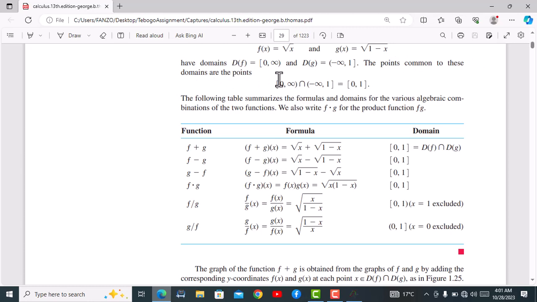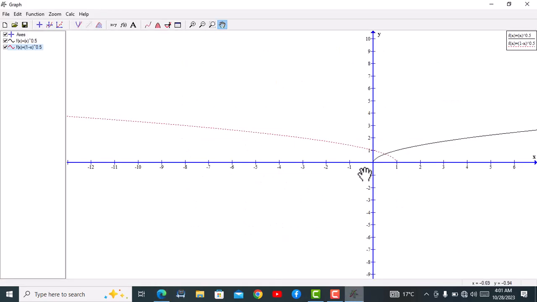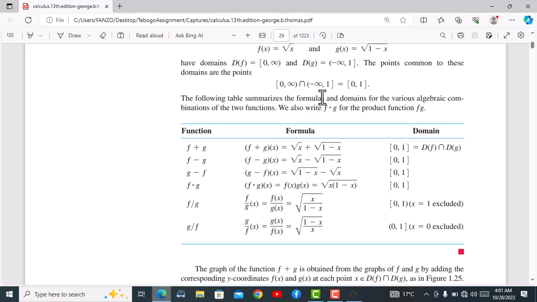The points common to these domains are the intersection of 0 to positive infinity with negative infinity to 1, which is the interval from 0 to 1. Let us check that: when x is 0, y is 1. So the points that are common there would be the intersection of the two.